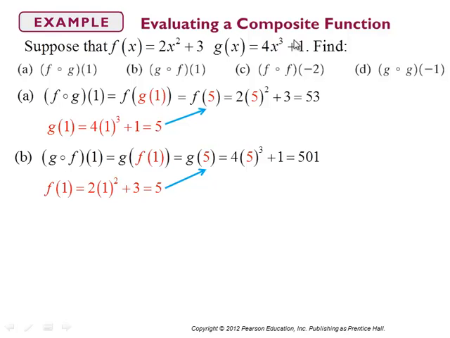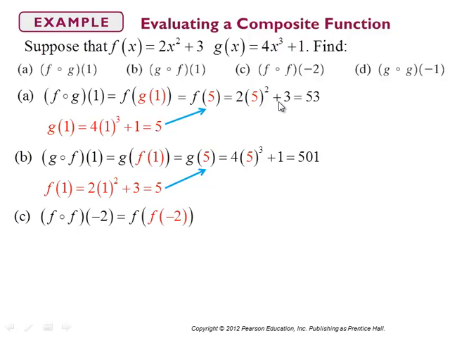And when you replace x by 5 in the function, you get 4 times 5 cubed plus 1. Now 5 cubed is what? It's 125, times 4 is 500. Plus 1 is 501. So this right here demonstrates that f of g of 1 is not the same as g of f of 1 for most functions.